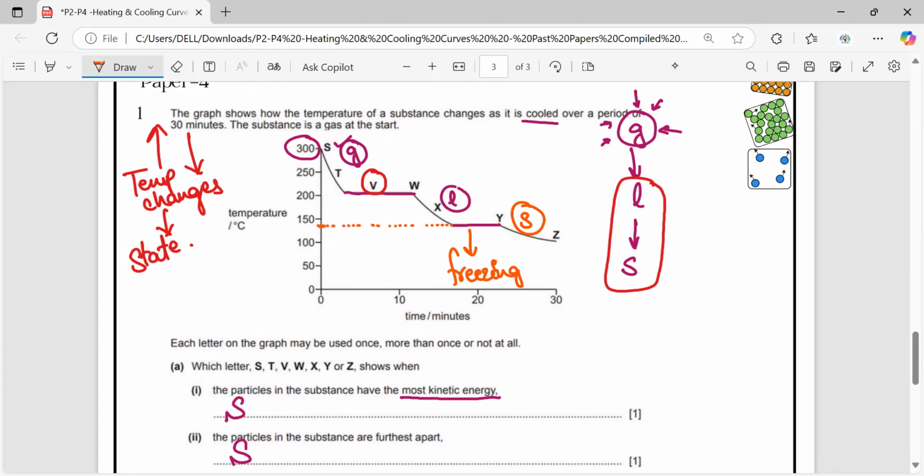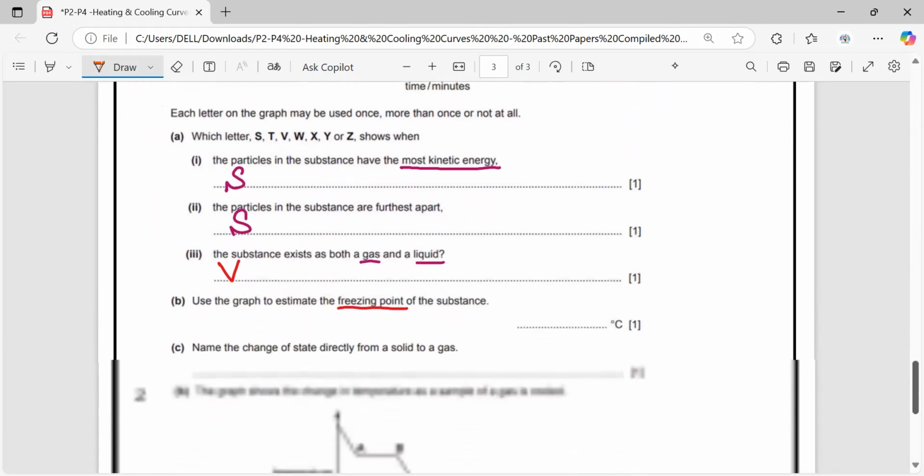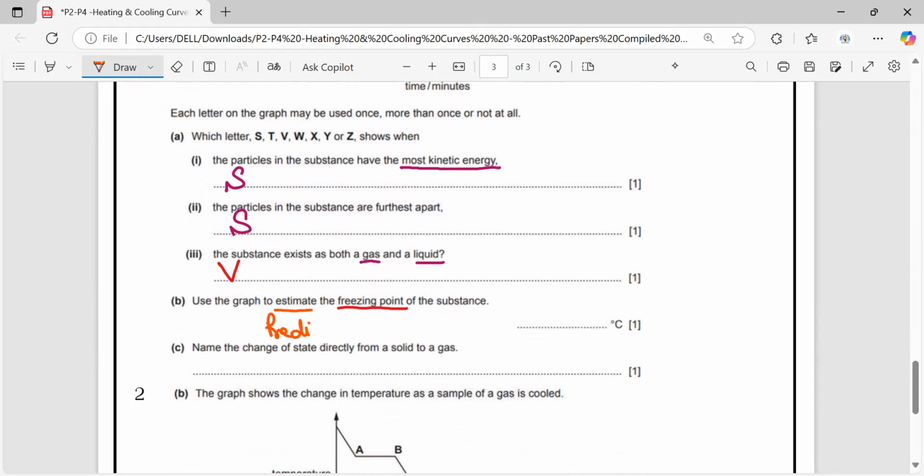And here, between 100 and 150, not in the center, but slightly above the center. So it could be 140. Okay, it is 140, 135. So in this type of question in which you have to estimate or predict the value, you can write the range or you can write any number between the range.